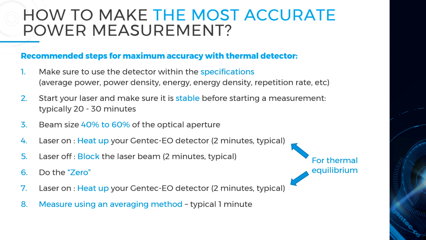Use 40 to 60% of the optical aperture. Then heat up your Gentec-EO detector, block the laser beam, do the 0, then heat up your Gentec-EO detector again before measuring your average power using an averaging method.